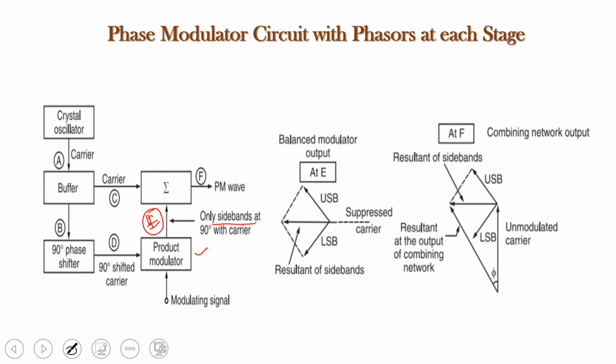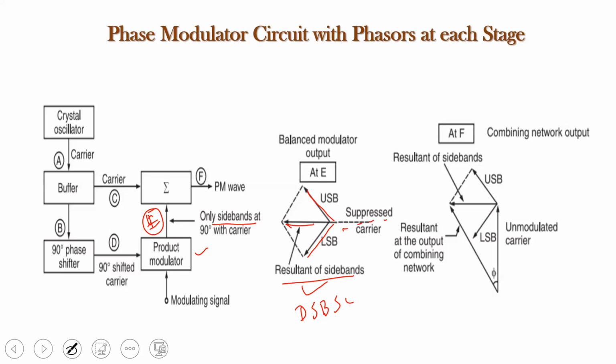So at this point E, the resultant phasor diagram will be the phasor diagram of the DSB-SC wave, which shows the lower sideband and upper sideband with the suppressed carrier. The resultant of this is obtained by adding these two phasors, and it is represented here. The resultant of the sidebands is represented here. So at this point E, we have only the sidebands, USB and LSB.